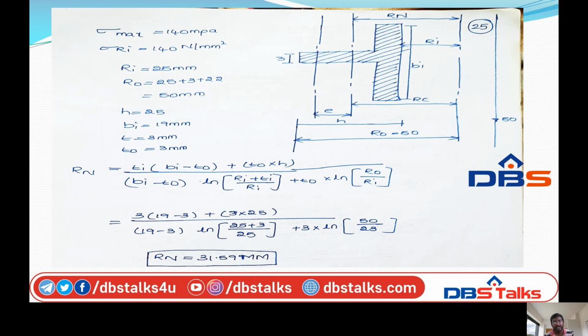So substitute the above values in the given formula: 3 into 19 minus 3 plus 3 into 25, divided by 19 minus 3 into log of 25 plus 3 by 25 plus 3 into log of 50 by 28. So we can calculate Rn is equal to 31.59 mm.